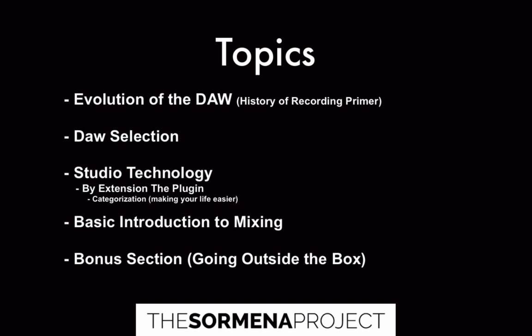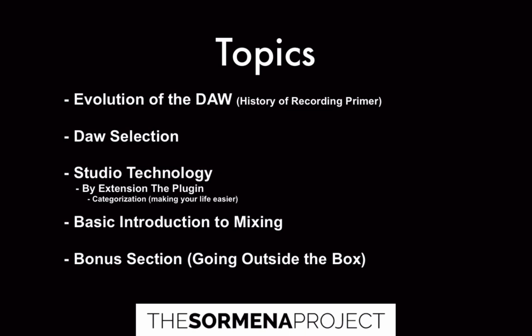And then there also will be a bonus section, which is titled Going Outside the Box. And that's a little bit confusing. I don't mean outside the box as in outside the computer to use hardware. What I actually mean is taking some of these tools that we're using in their typical fashion. So if you have an EQ, a channel strip EQ, you're probably going to use that to gently massage the frequency spectrum of the different instruments to make them all sound better together.